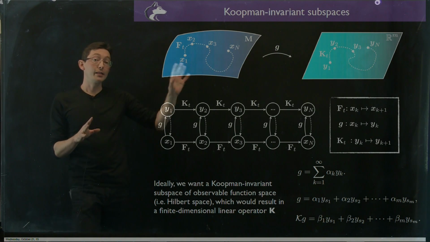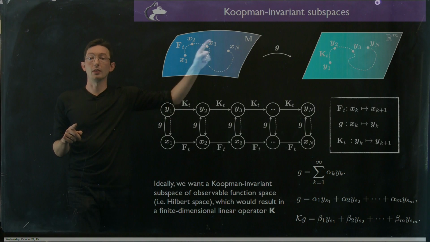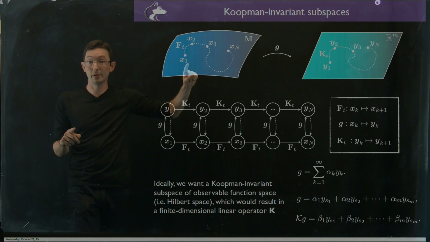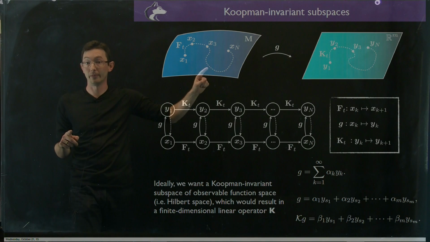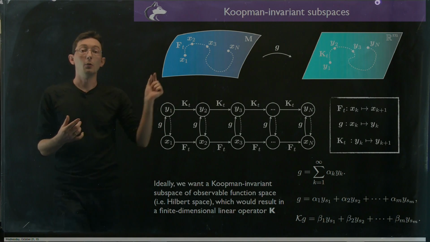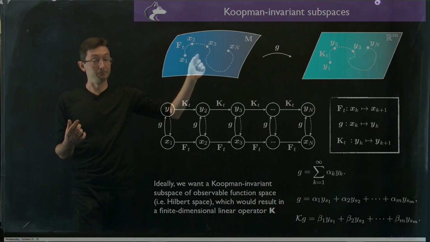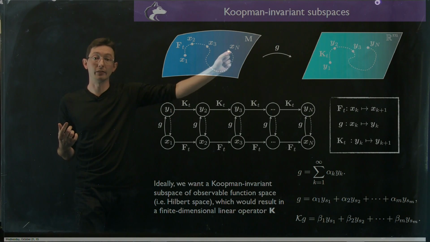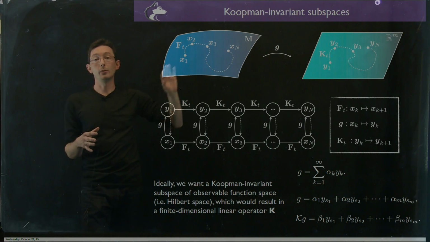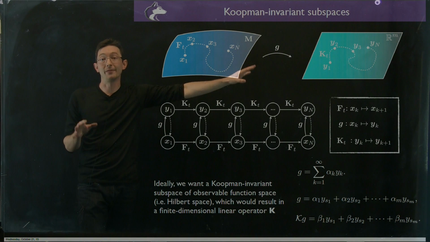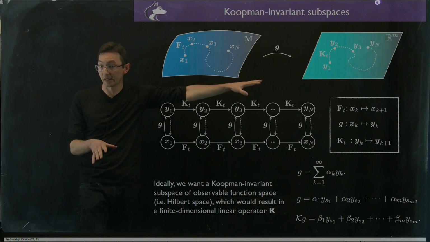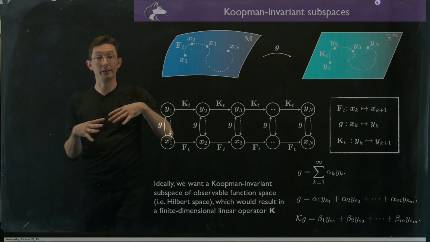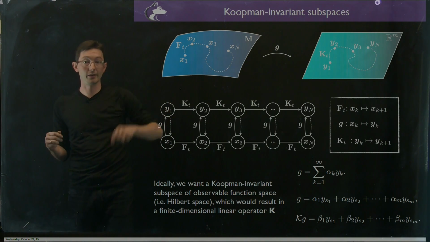Moreover, for lots of applications, we would love for our observable subspace to also include measurements of the state itself. So if we're going to do control, we might be penalizing the deviation of this state from some nominal value. And so we would want our Koopman invariant observable subspace to also include the state dimensions themselves, these x variables.